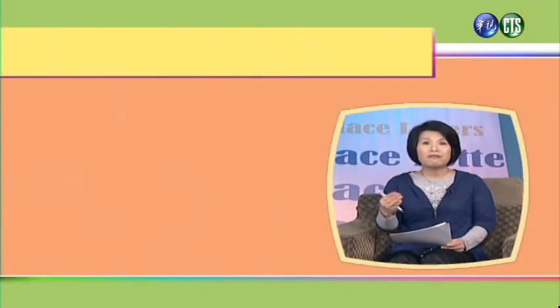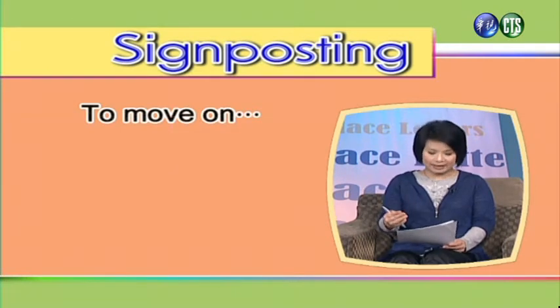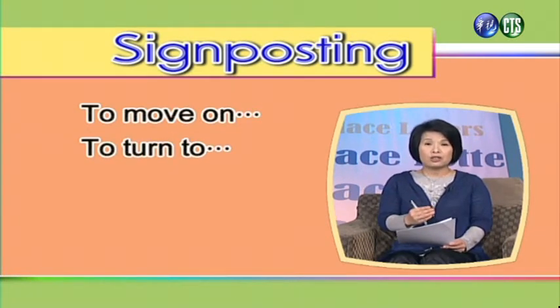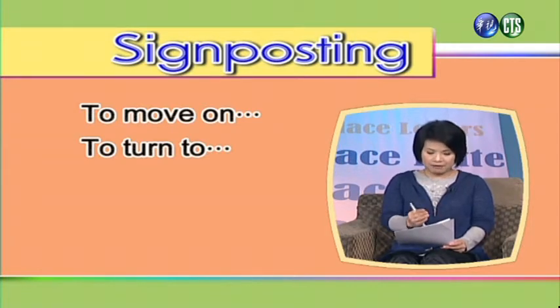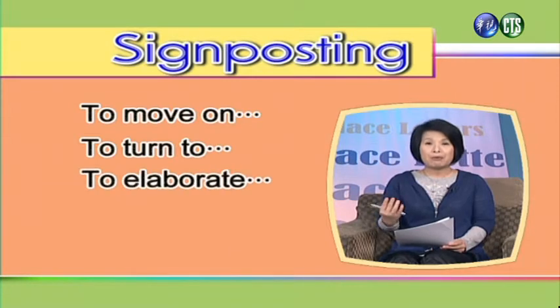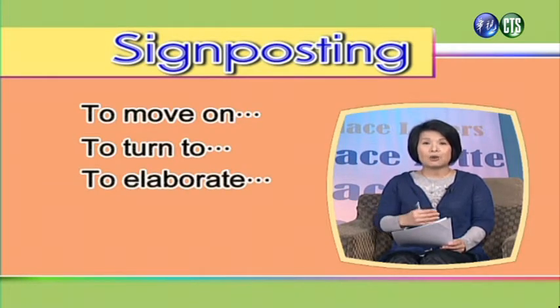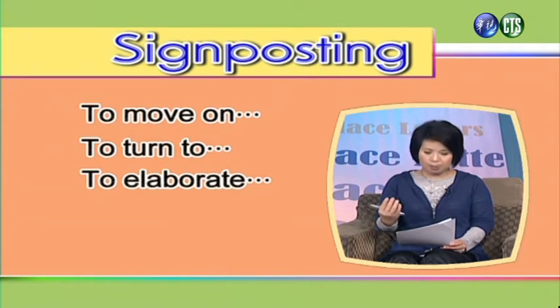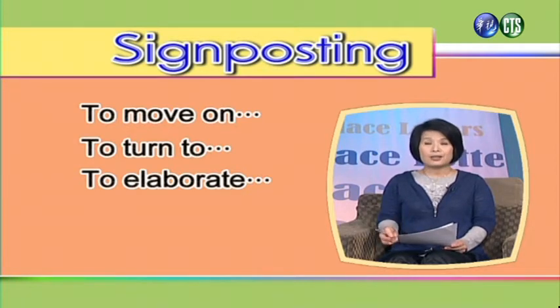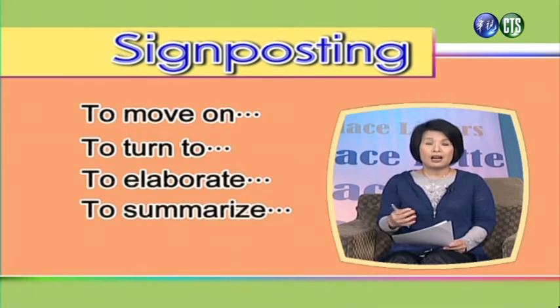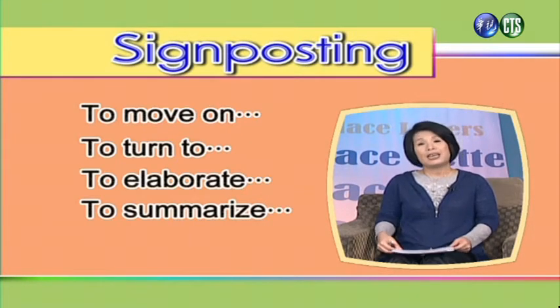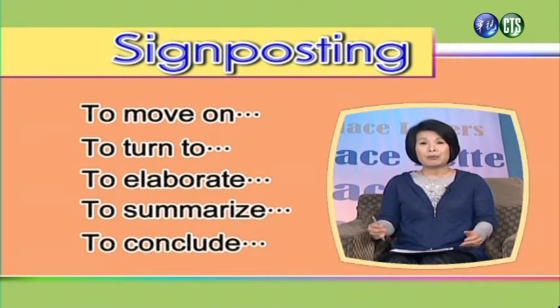For example, you can say, okay, to move on, which means you are going to continue, or to turn to, which means you are turning to a different direction, or to elaborate, which means to explain it more. Or you start by saying let me summarize, to summarize, and people know you are about to finish. Or you can say to conclude. Okay, I'm going to conclude what I just mentioned today.